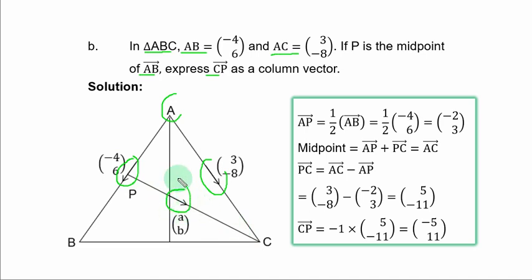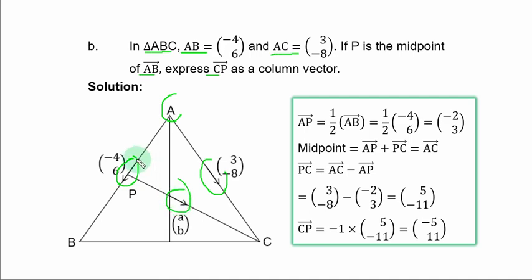Now you are asked to express vector CP as a column vector, but by this direction we can only get vector PC, and once we get vector PC, we can get vector CP.